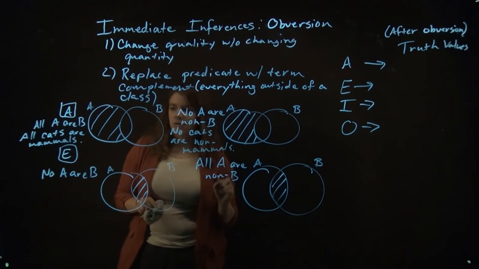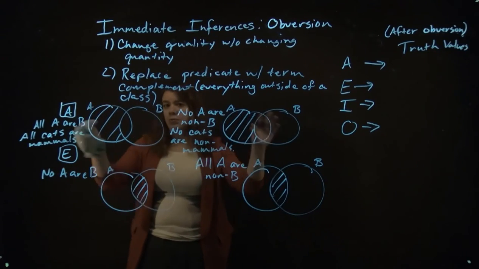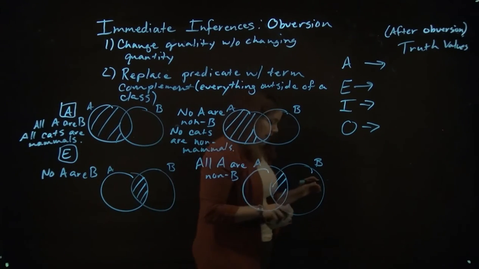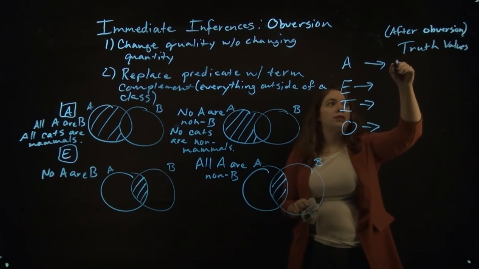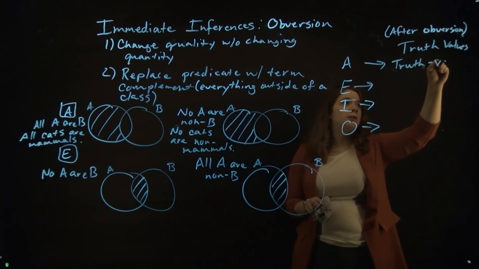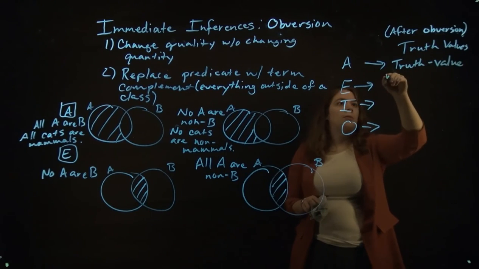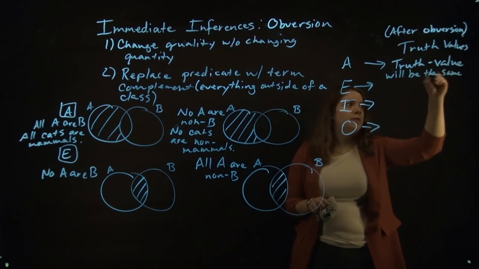Sort of self-explanatory there. And as we can see according to the Venn diagrams, we're covering the same exact area. And so what's going to happen with our A propositions is we're going to say that the truth value of the obverted statement will be the same as the given value.